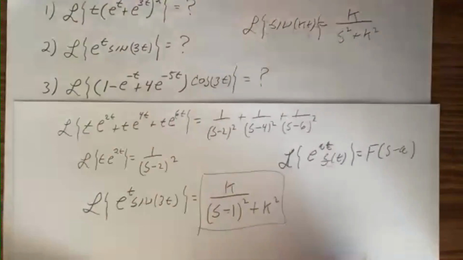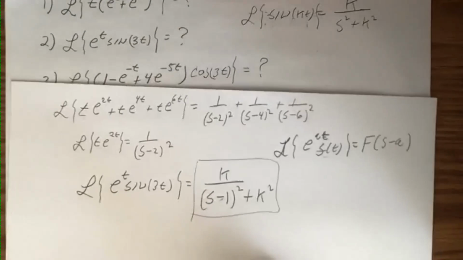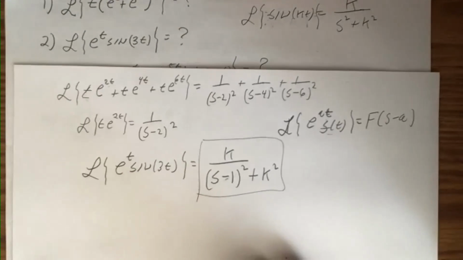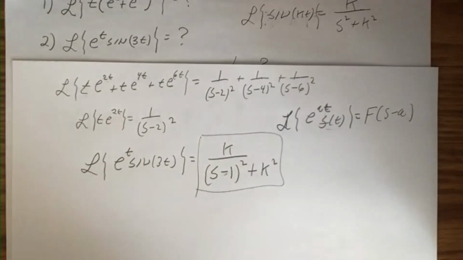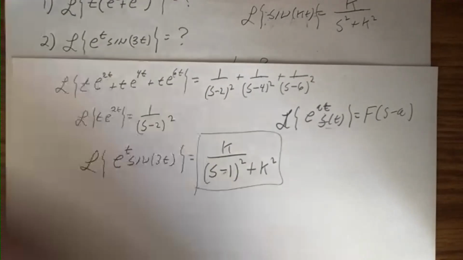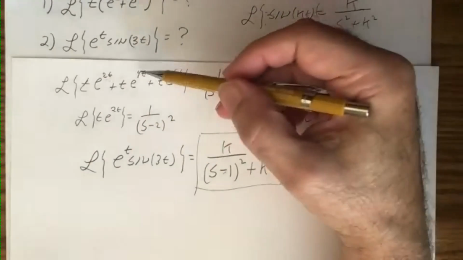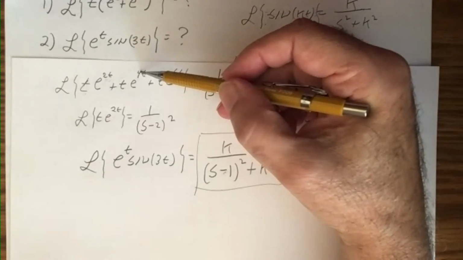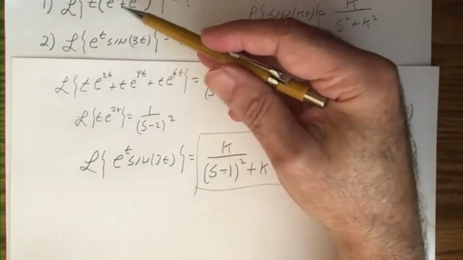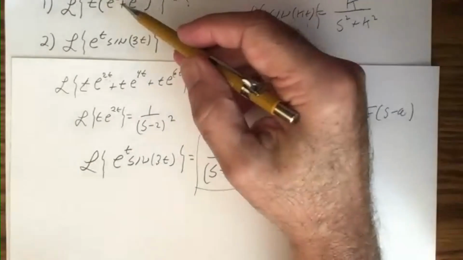Okay, so the third problem. Does someone have a question? Yeah, I had a question about the first one. When you expanded it, wouldn't the middle term be 2t? Yeah, this is 2t, right? No, the middle term, the 2t e to the 4t. Let's see, the middle term.